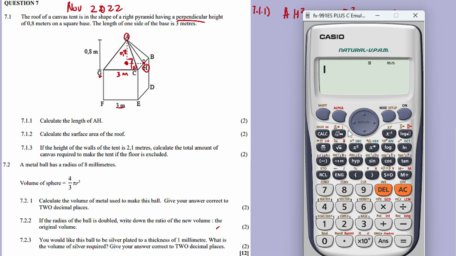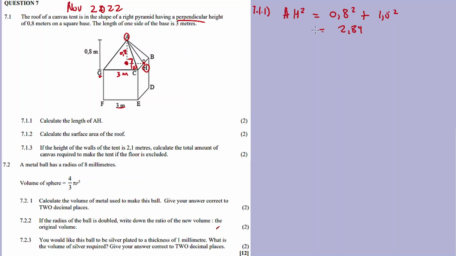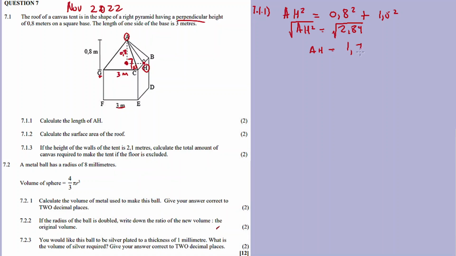The answer is 2.89. That is AH squared, so taking the square root on both sides, AH will equal the square root of 2.89, which is 1.7 meters.